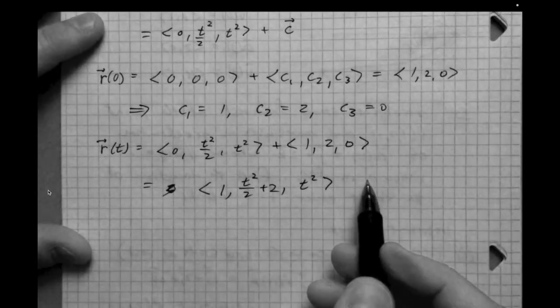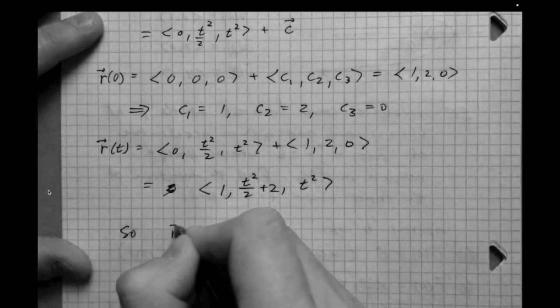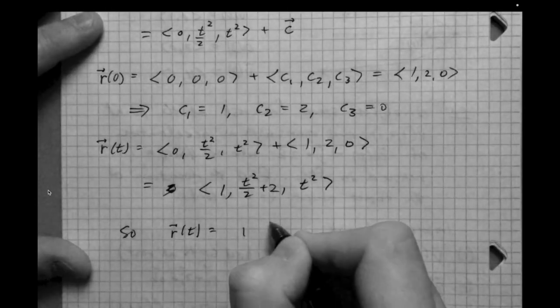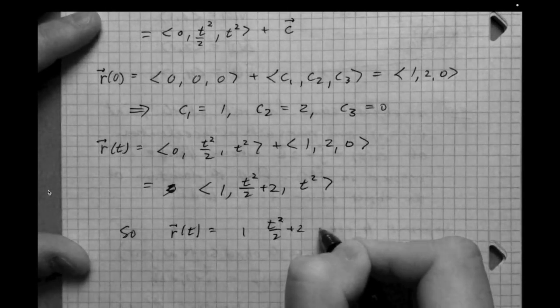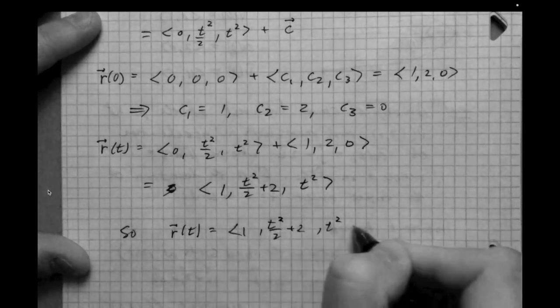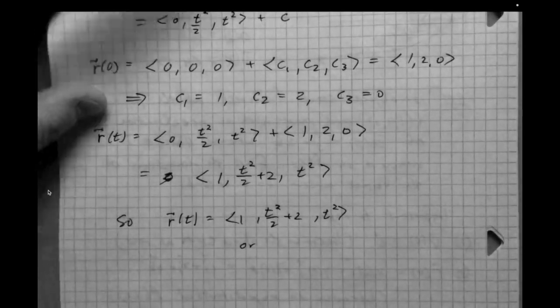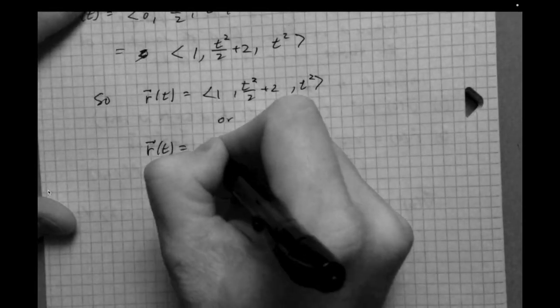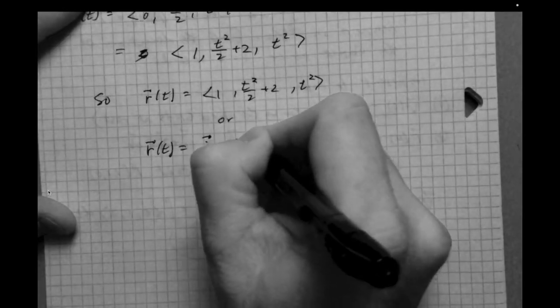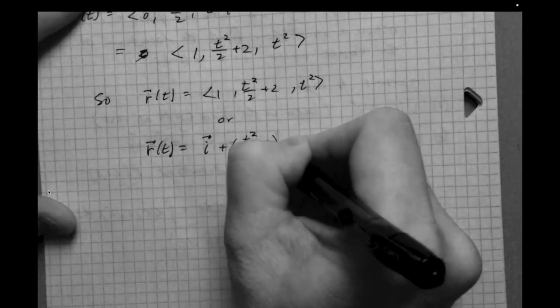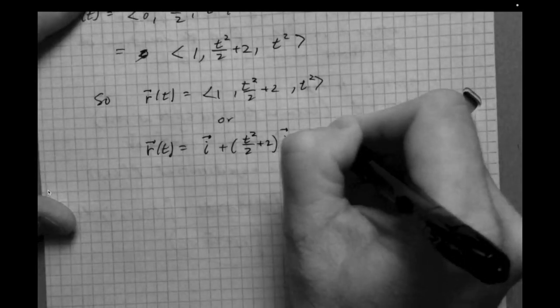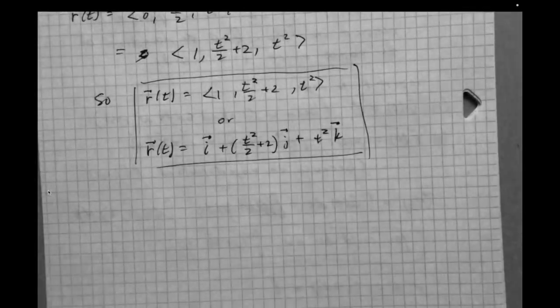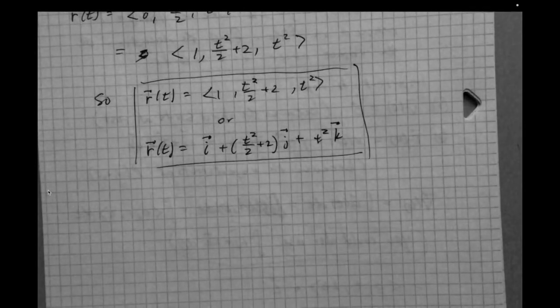So r of t equals 1, t squared over 2 plus 2, and t squared. Or, if you prefer, you could write it like this: i plus t squared over 2 plus 2 j plus t squared times k. So there's the position function. Whichever way you prefer, you can write it that way.